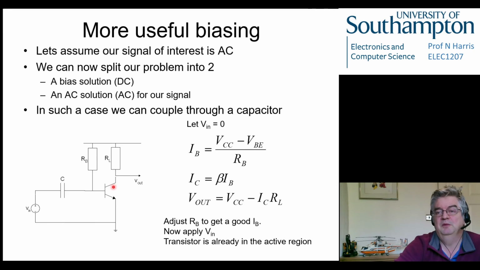So we can do a quick analysis on this. You can start to see that we're implicitly applying all the linear theory we learned now without formalizing it. We can say that IB is just equal to VCC, which is this voltage here, take away VBE, which is this voltage here.